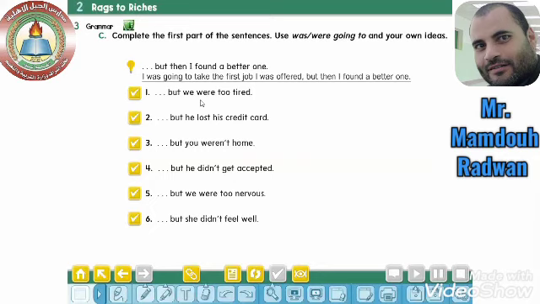Yes, we were going to eat out in a restaurant. Yes, very good. But we were too tired. You can say so. Or you can say, we were going to visit our uncle, but we were too tired. We were going to watch TV, watch the match, go to the stadium, but we were tired. Look, we were going to watch a film tonight, but we were too tired.